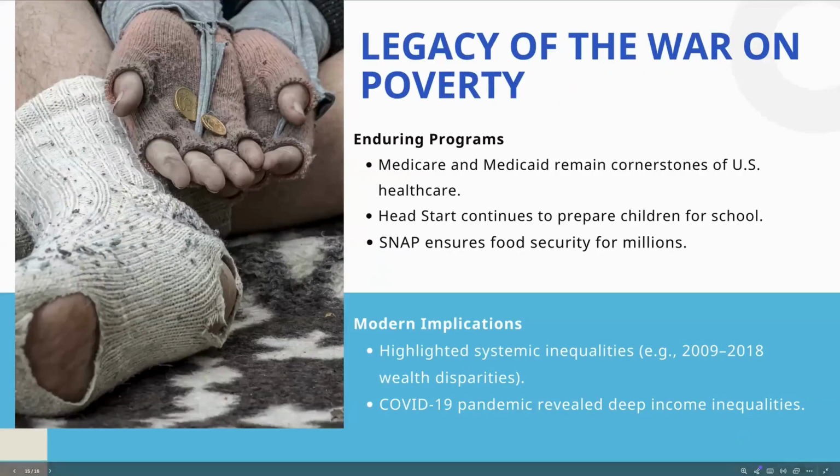Now, looking at the legacy of the war on poverty: despite all the criticism and challenges, many programs from this era endured, including Medicare, Medicaid, SNAP, and Head Start.